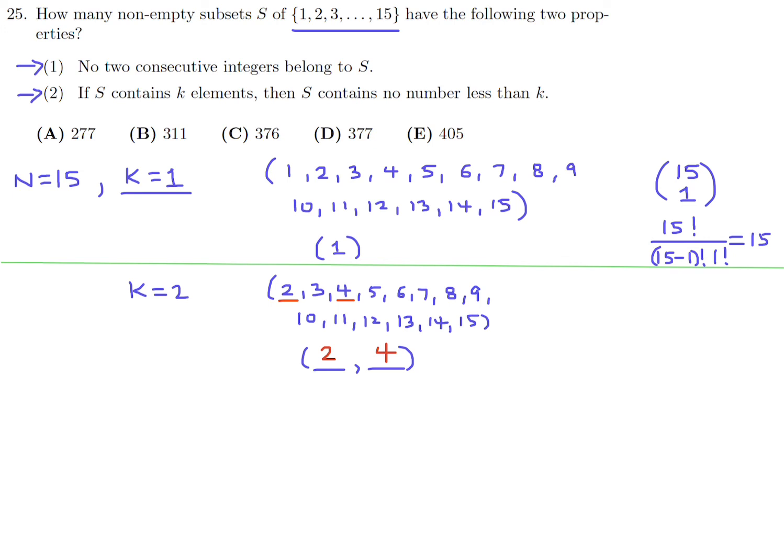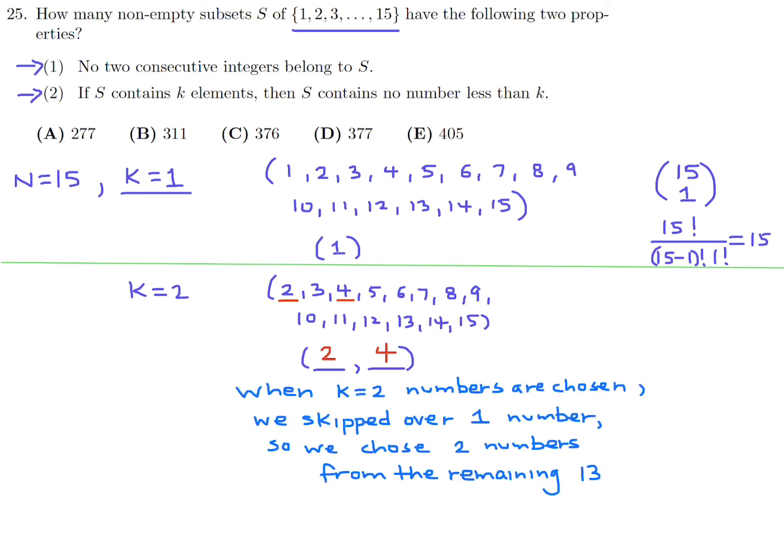Now notice, after choosing my 2 numbers, we skipped over one number. The one number we skipped over in this case was 3. So we chose 2 numbers from really the remaining 13, from these 13 numbers: 1, 2, 3, 4, 5, 6, 7, 8, 9, 10, 11, 12, 13.